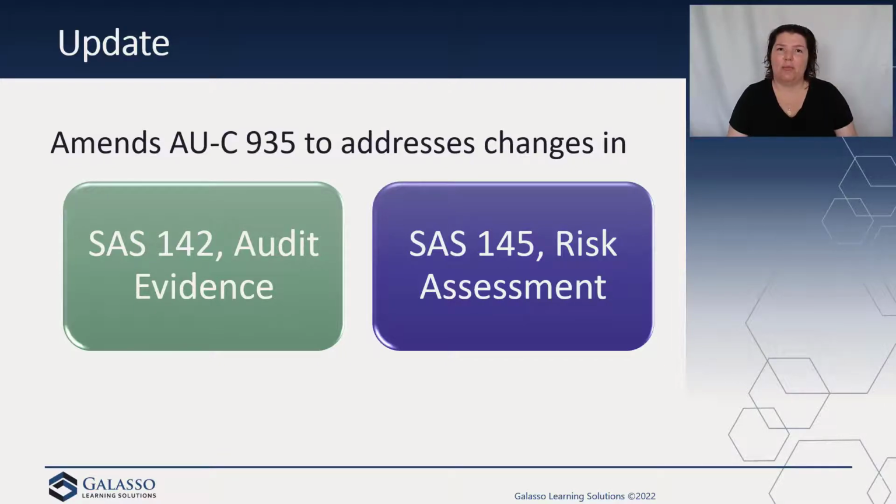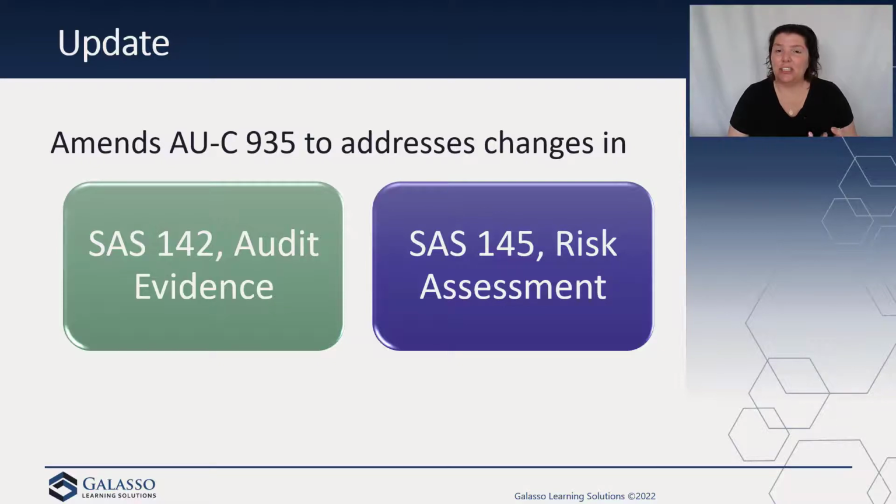So inside of 145, there's a list of the controls that are required to be identified prior to go through the design and implementation. But in the government world, we're required to take it one step further, and we're required to test the operating effectiveness. We need to plan for low control risk. And so again, they've kind of beefed up how to apply that control activities component within the single audit.